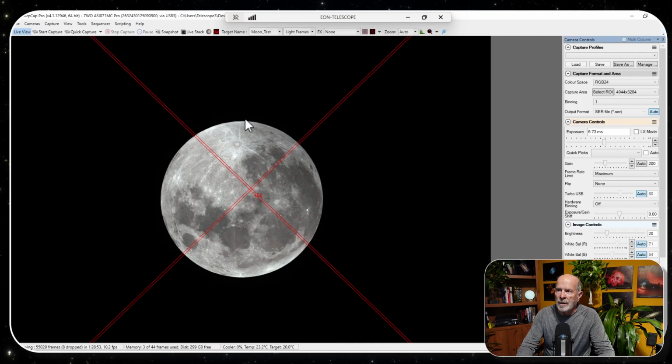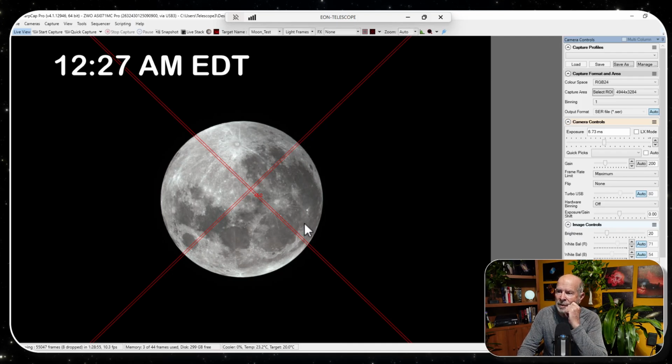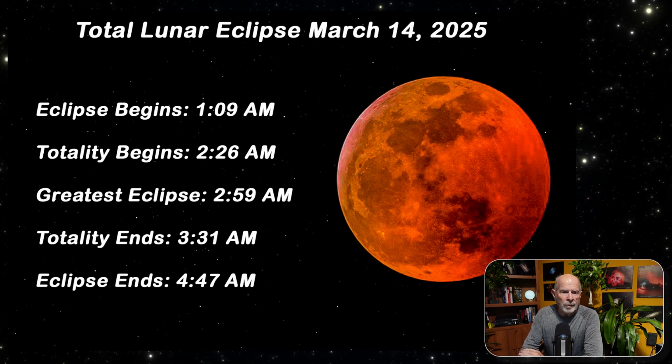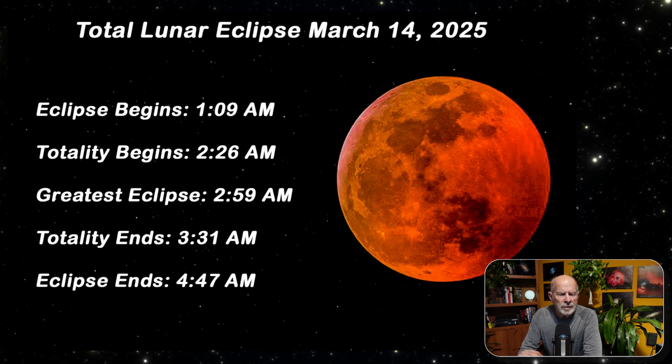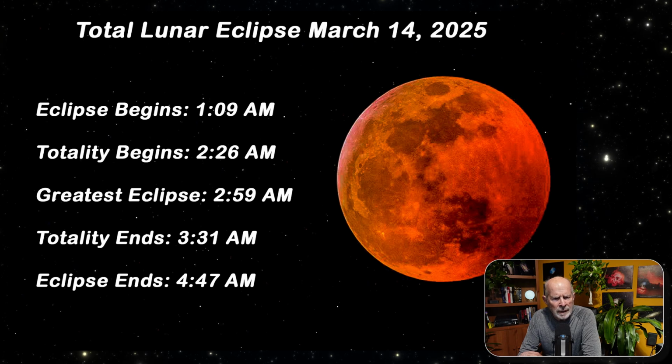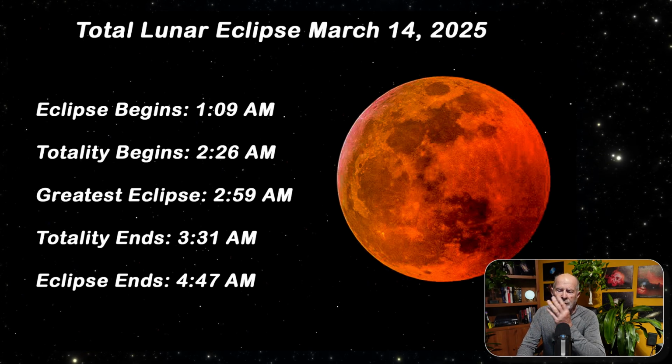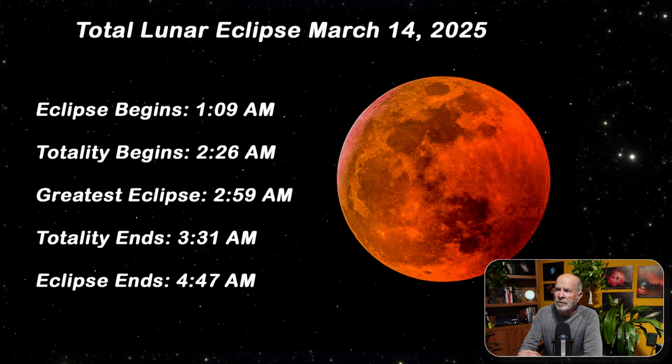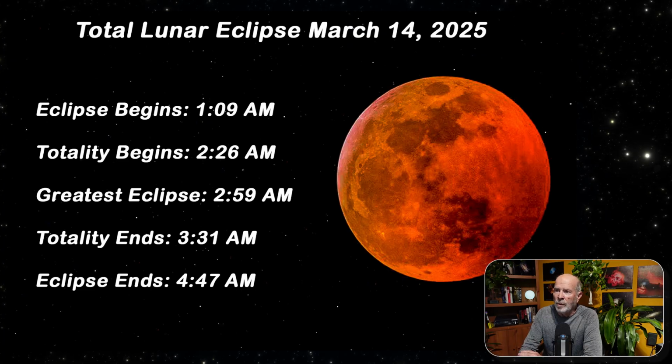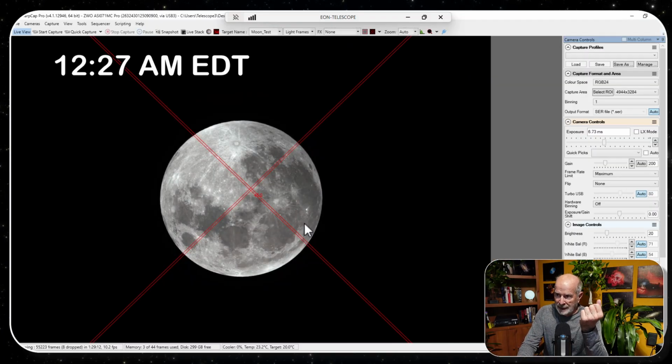Maybe right in this area here, it looks a little dark, but the actual eclipse doesn't start until about 5 after 1, and right now my time here is 12:27. So I still have another half hour yet before the actual eclipse begins. It looks like a little bit of a shadow here. The penumbral portion of the shadow is flowing over the moon right now.